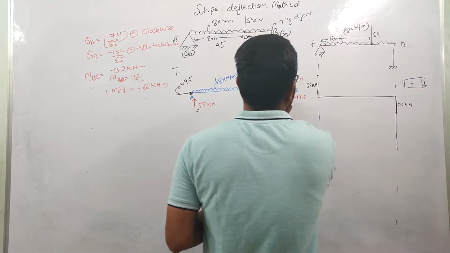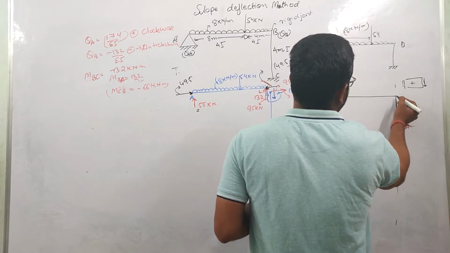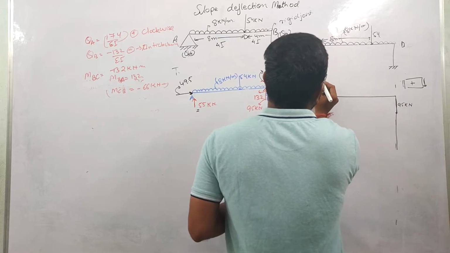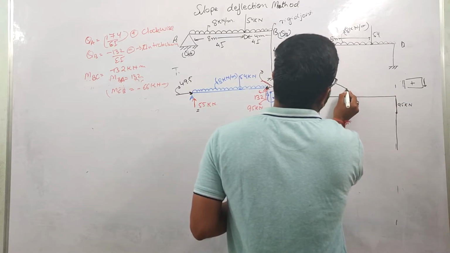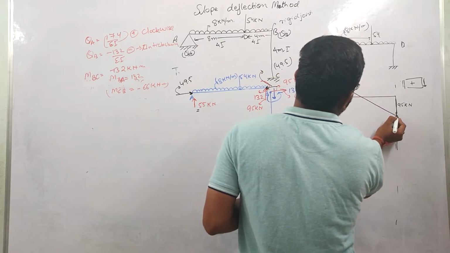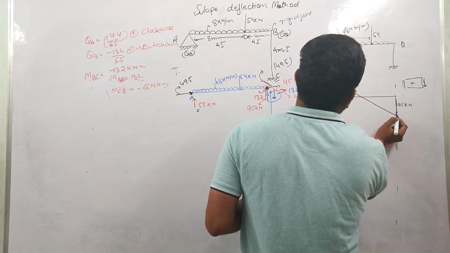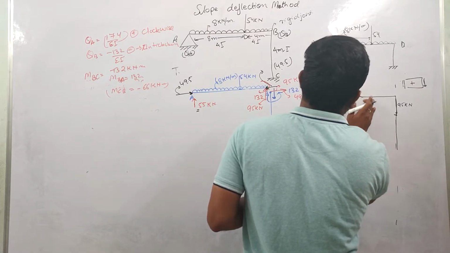Because it is acting upwards, if we start from this portion, the shear force will be negative. So it won't look like this.